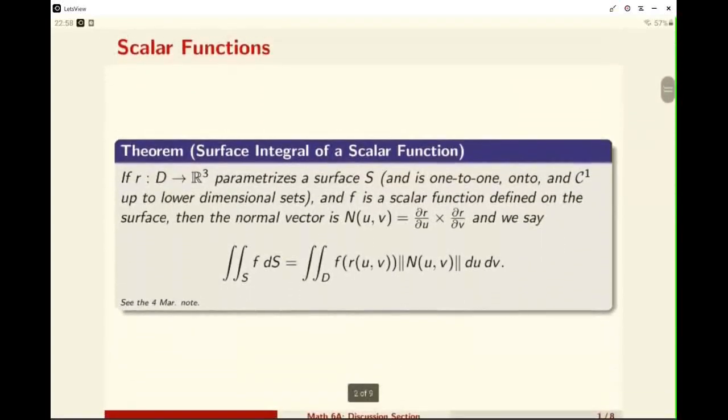To begin with, we want to first talk about what surface integration is. Here we have two possibilities: we can either be integrating a scalar function or a vector field. The scalar function is slightly simpler. We take a domain D that's a subset of the plane, giving us parameters for the surface.